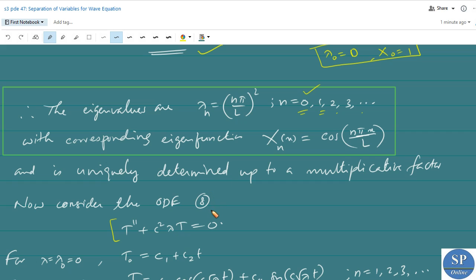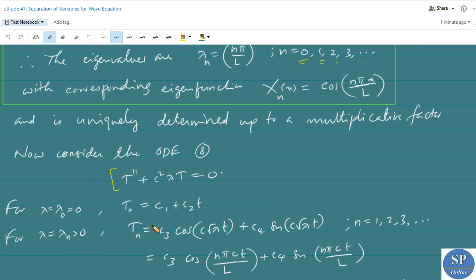Here we are going to apply these eigenvalues, λ0 and λn for n = 1, 2, 3, etc. First we apply λ0 = 0, then we have T'' = 0, therefore T = C1 + C2 t, where C1 and C2 are arbitrary constants. For convenience we denote this as T0.